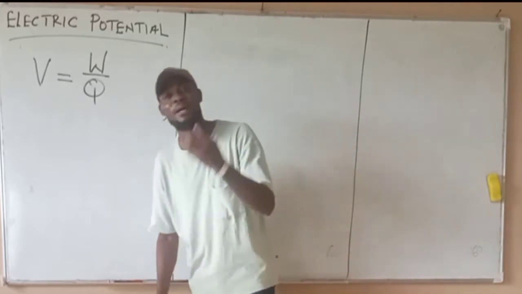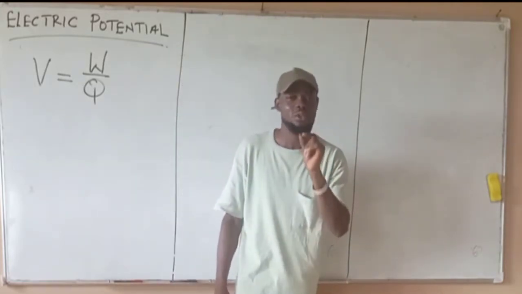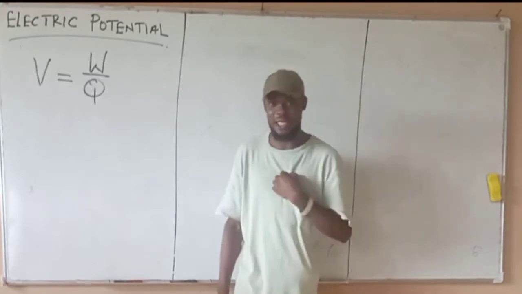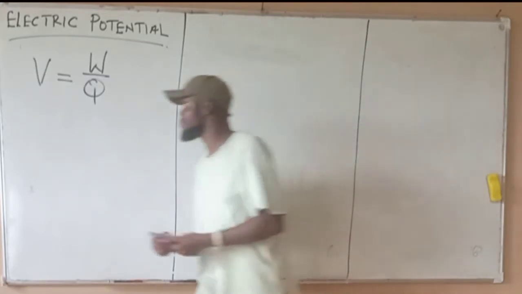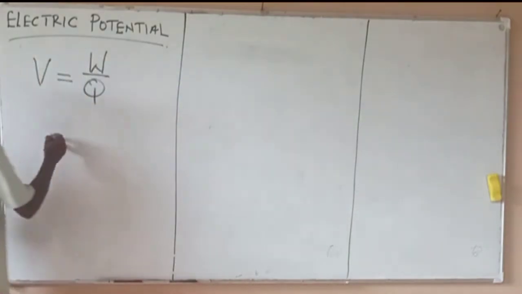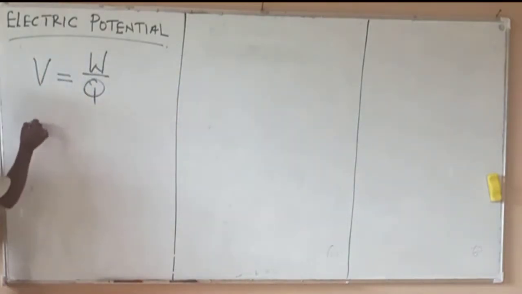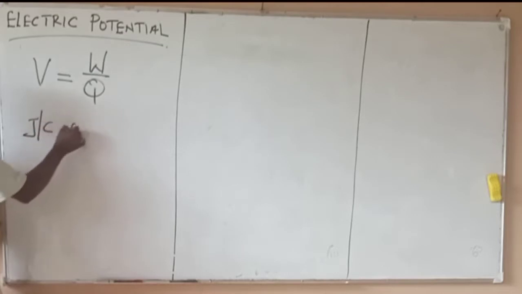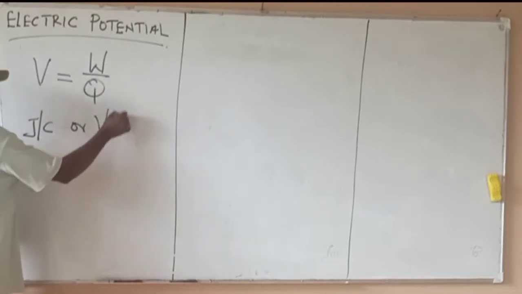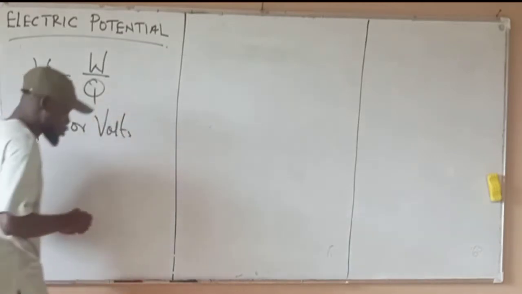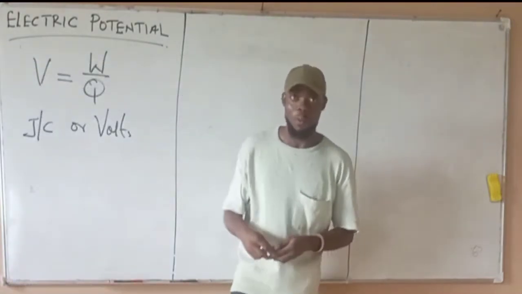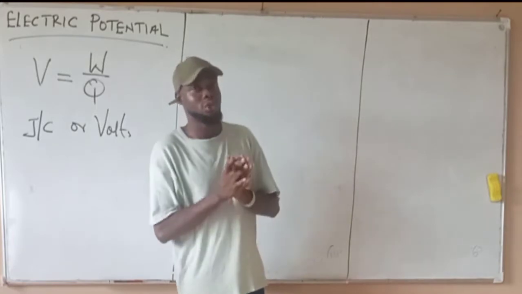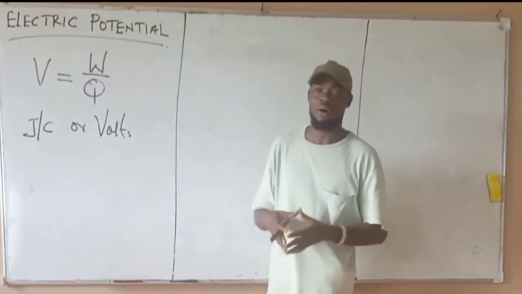The SI unit of electric potential is either joules per coulomb or volts, something like voltage.